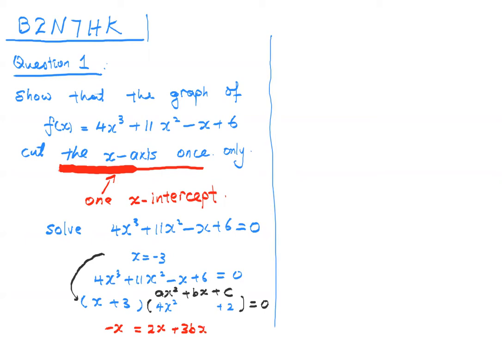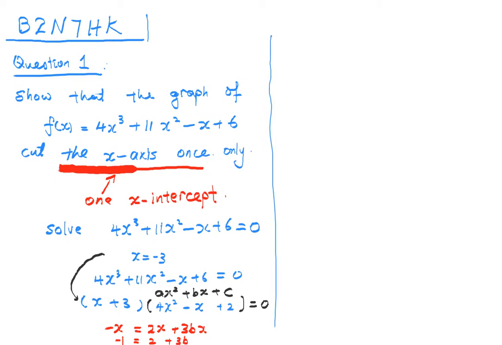So from here, -1 equals 2 plus 3b, so I can get my b as -1. So I fill in -x, and I write it down in this form. Okay, this is one of the ways.